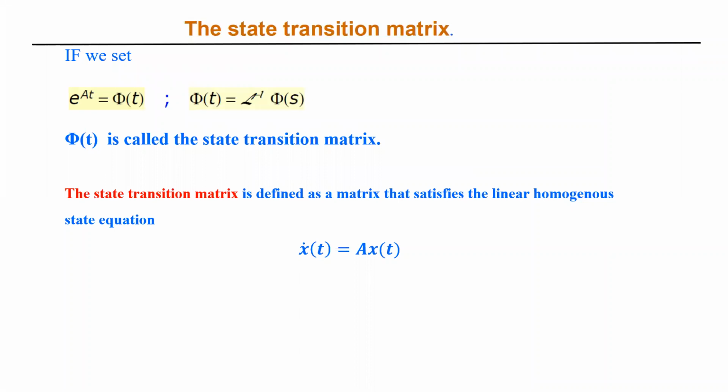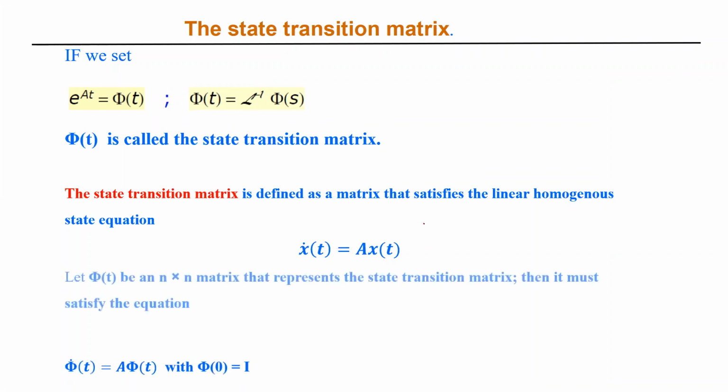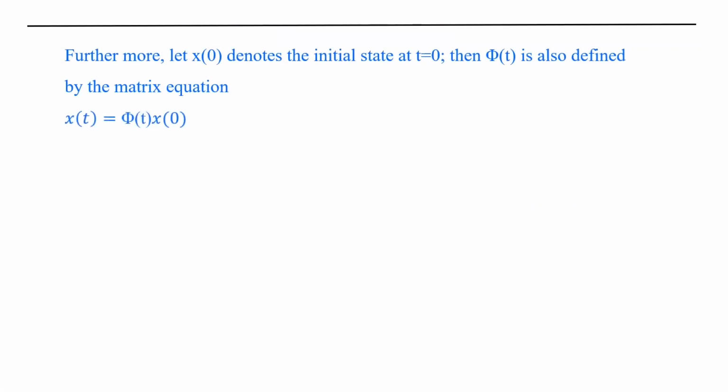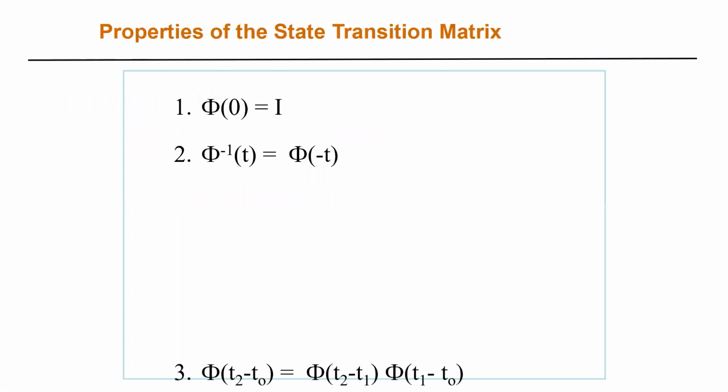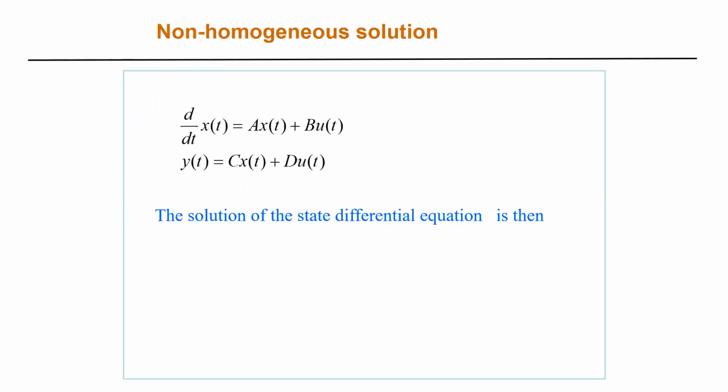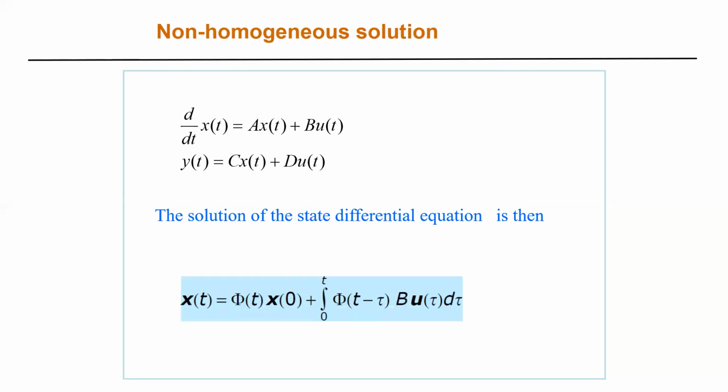The state transition matrix phi is defined as the solution for this homogeneous equation with the initial condition phi of 0 equal to the identity. We'll come to this a little bit later, but again, for the state space representation, the solution of the equation is given by this formula, which I already mentioned a little bit earlier.